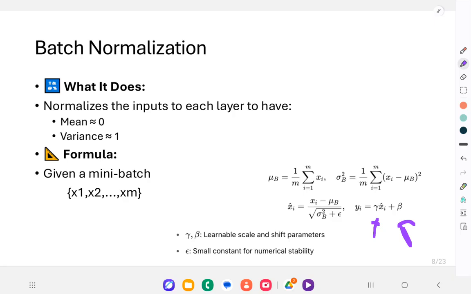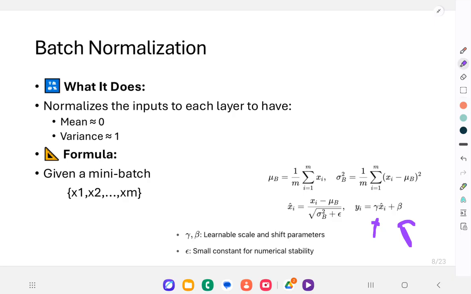First, it reduces what's called internal covariate shift, which is the tendency of layer inputs to change distribution during training, and it allows for higher learning rates and faster convergence. In practice, it also adds a regularization effect.